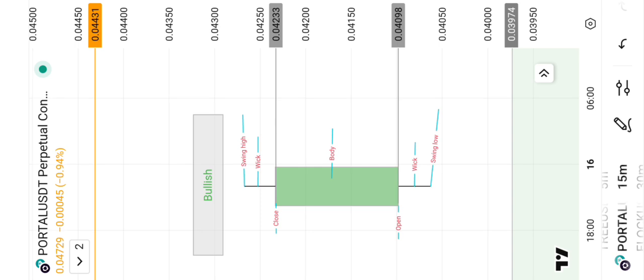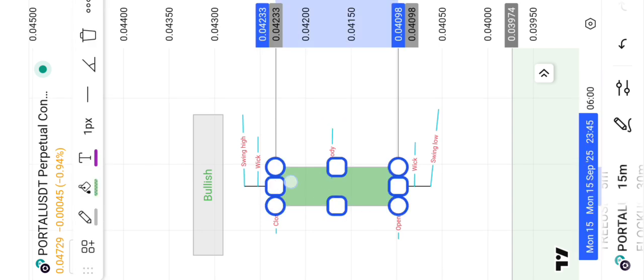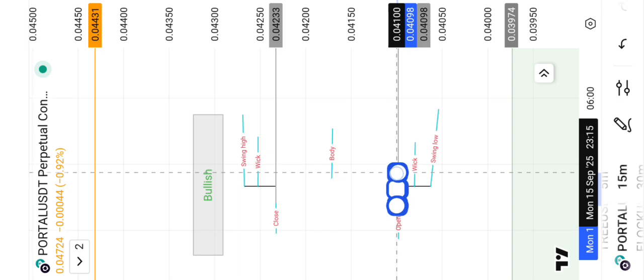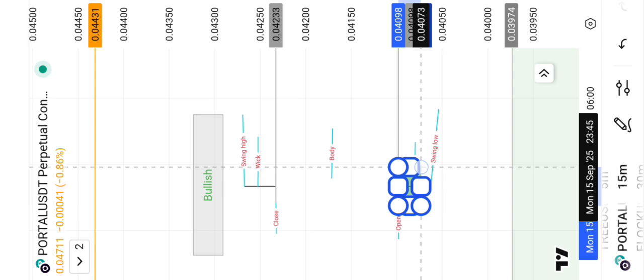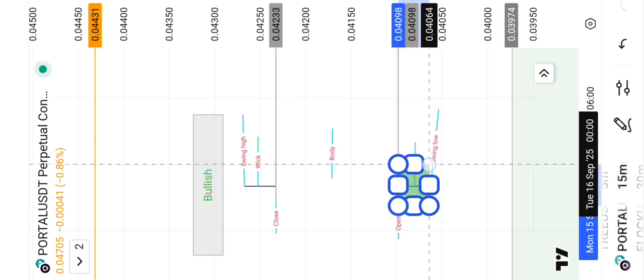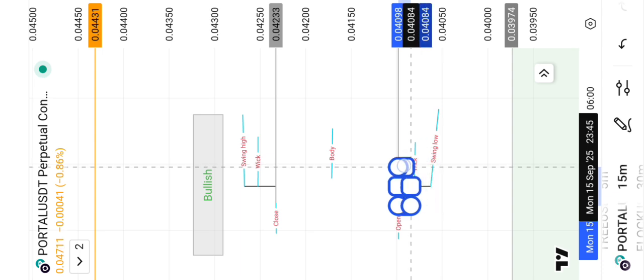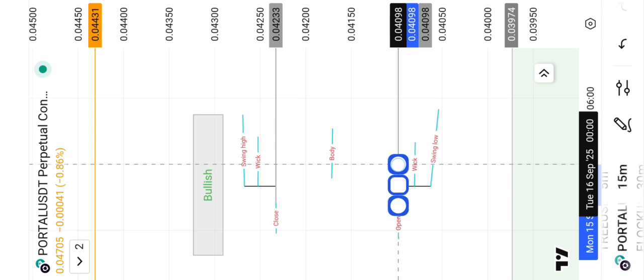How this happens is that when a bullish candle forms, for example, say this is a new candle, it forms something like this. You see the candle move down. When the candle opens, the sellers were pushing it down.